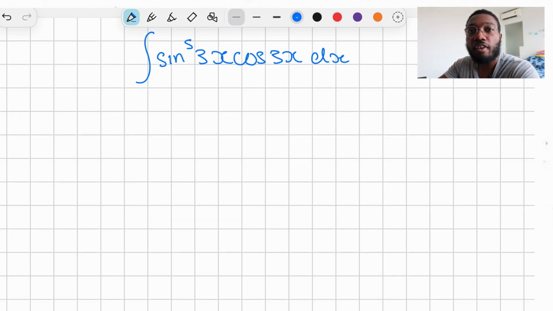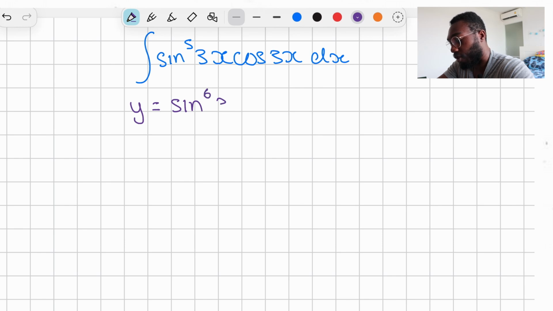So now we have sine to the 5 of 3x, cosine 3x, and we need to integrate all of that with respect to x. Again, we use the same principle. Let's consider that y would equal sine to the 6 of 3x. If we differentiate this, what would we get?